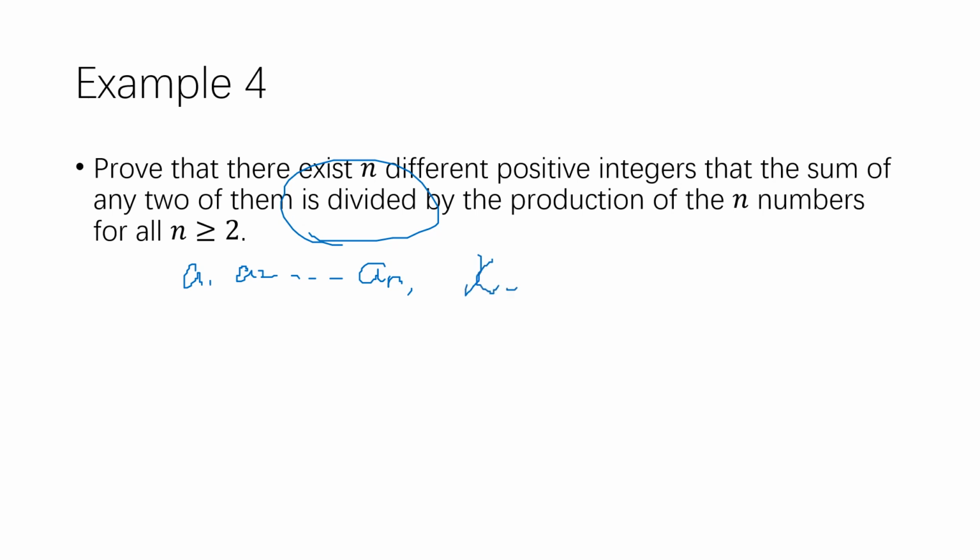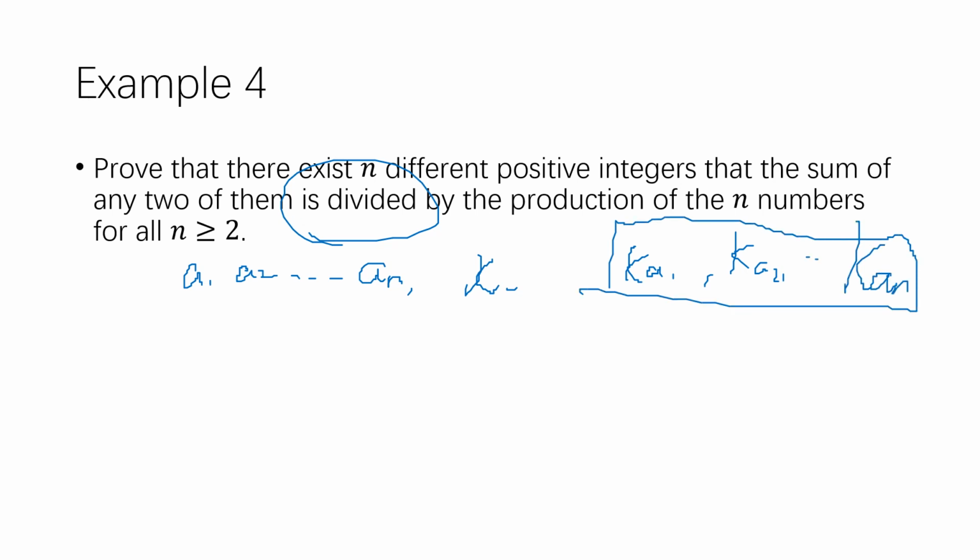We expect that the product of ka1, ka2, to kan, the product of those things, kn, will be divisible by the sum of any two of these. So just make it true from the question, isn't it? Here we can make an idea. Choose k.